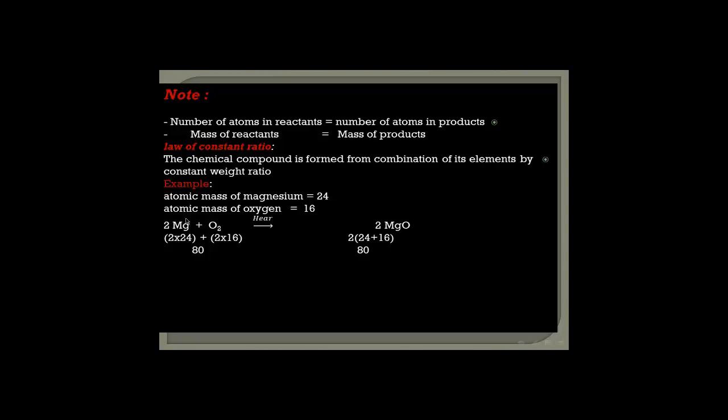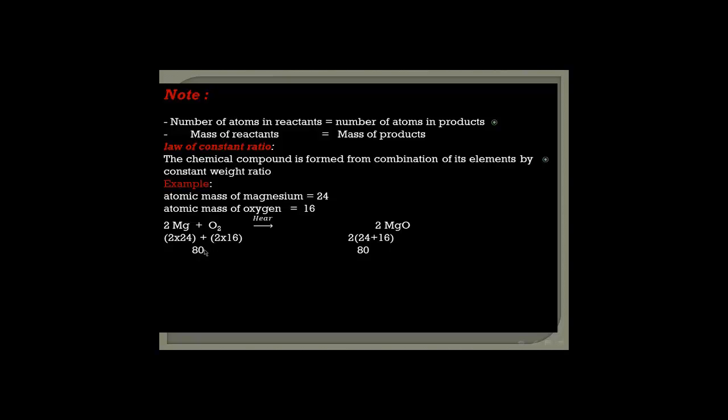We have 2 atoms of magnesium, so we will multiply 2 by 24. And we have 2 atoms of oxygen in the oxygen molecule, so we will multiply 2 by 16.